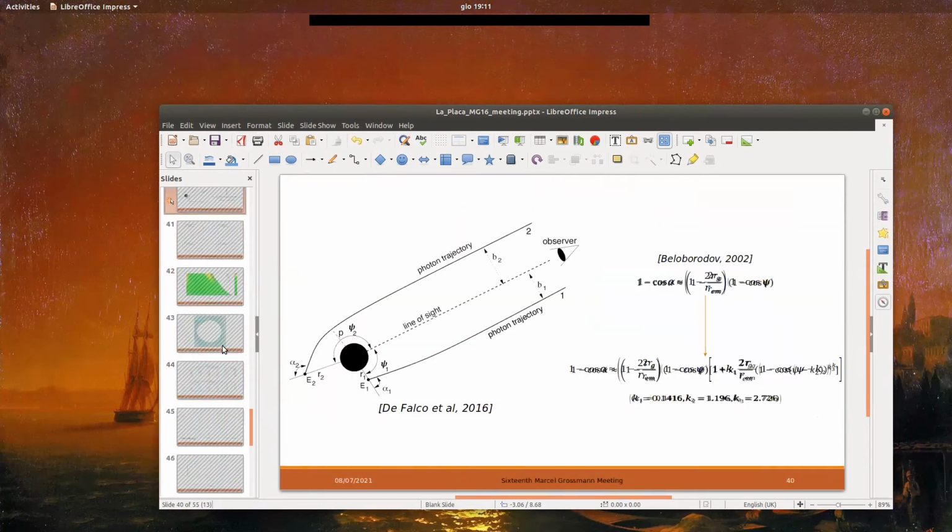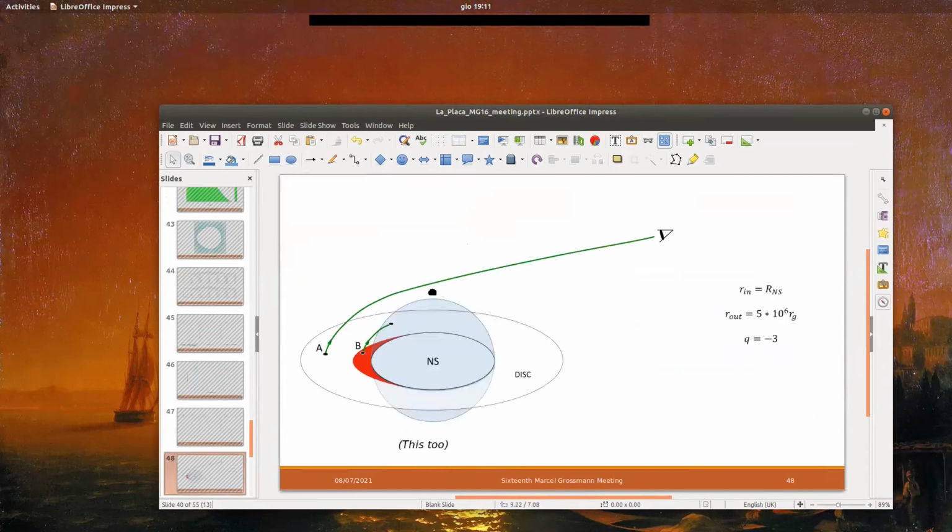I don't think I have a plot for an ellipsoidal geometry, but you can imagine it like this. If this is a little bit squashed on the pole so that it is smaller on the pole, you would detect with the occultation the radius to mass ratio of the equatorial radius.